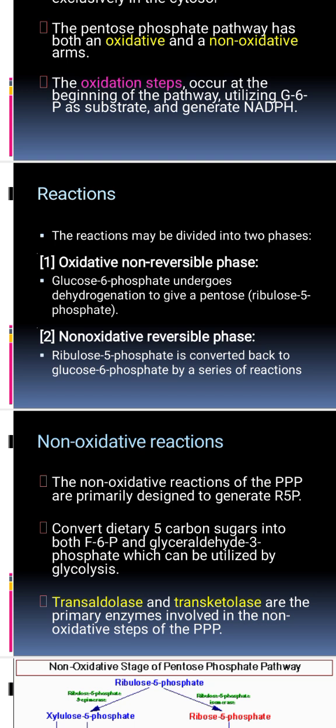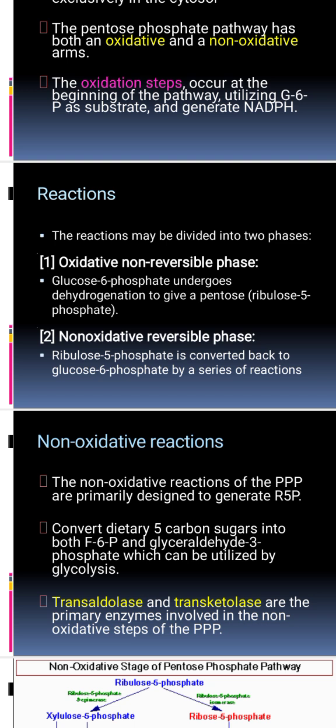So the oxidative step will utilize glucose 6-phosphate that undergoes dehydrogenation to give a pentose, which is ribulose 5-phosphate. So the first phase will be the oxidative phase, where glucose 6-phosphate undergoes dehydrogenation reactions, and it will give us the pentose sugar ribulose 5-phosphate.